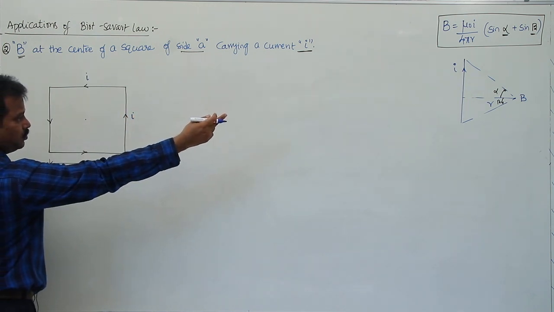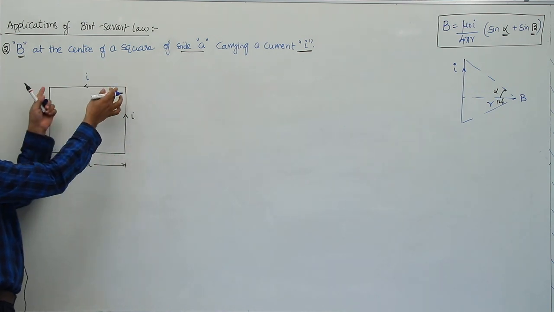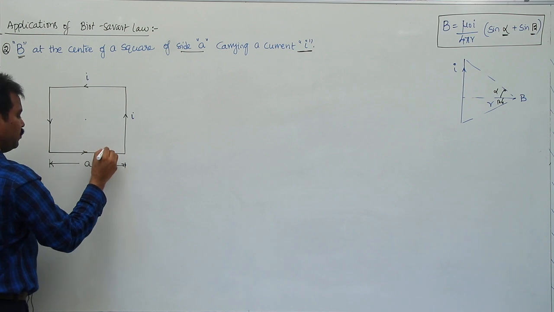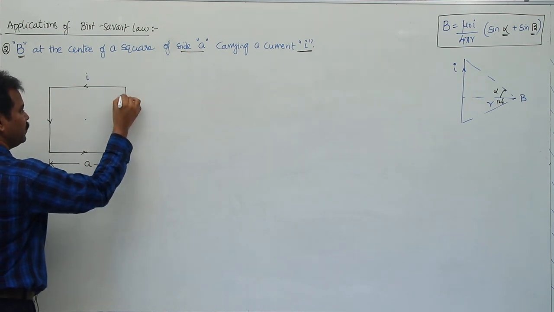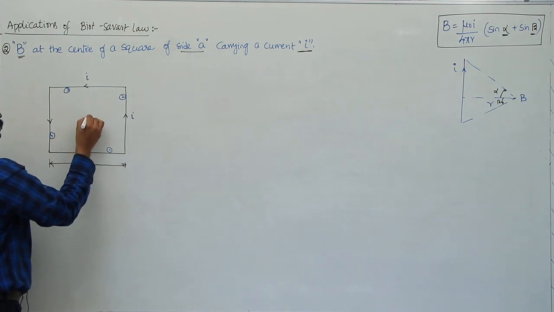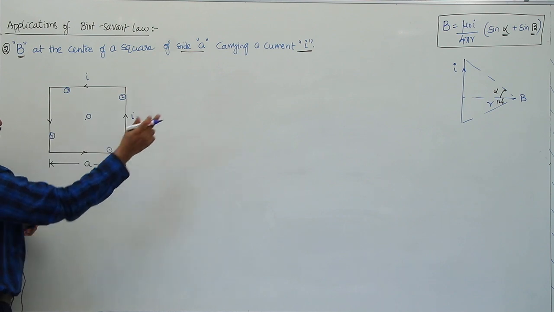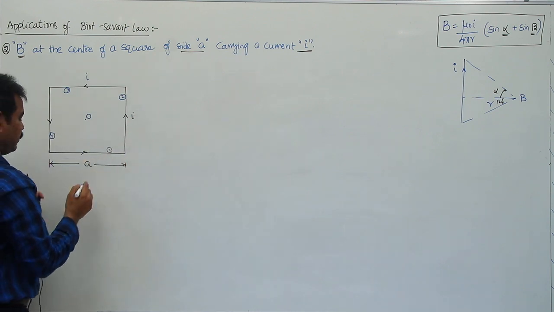Once again, I am going to use the same concept: magnetic field due to a finite wire. This is a finite wire, second finite wire, third finite wire, fourth finite wire. So I am going to take this wire as first wire, second wire, third wire, fourth wire. So at point O, I want to find out the magnetic field. To find this, first of all, let me use this formula to find the magnetic field due to one side.